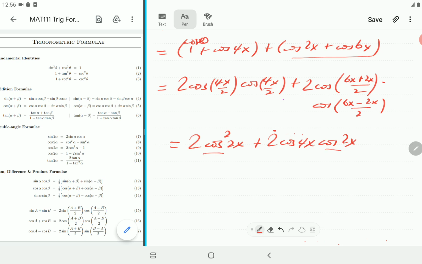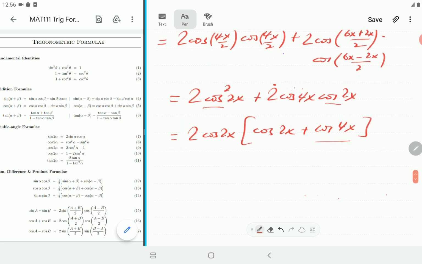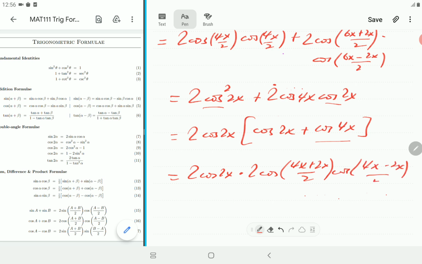So then cosine 2x is common and 2 is common, so we're going to factor those out. So we're factoring out 2 cosine 2x, so we're now going to have cosine 2x here plus cosine 4x, and then this we can write as a product again. So it's going to be 2 cosine 2x times 2 into cosine 4x plus 2x over 2, then cosine 4x minus 2x over 2.